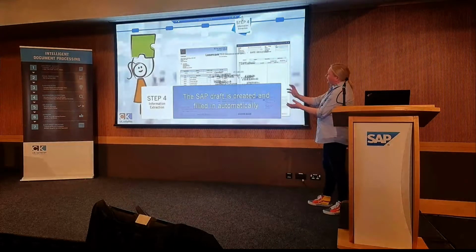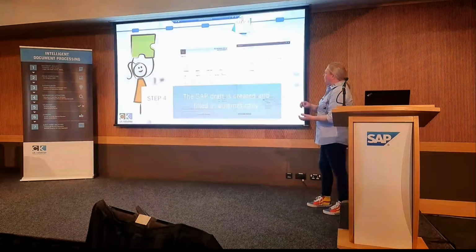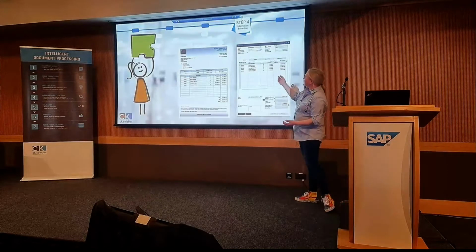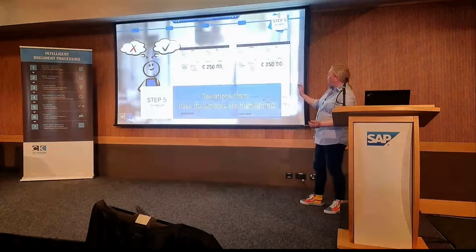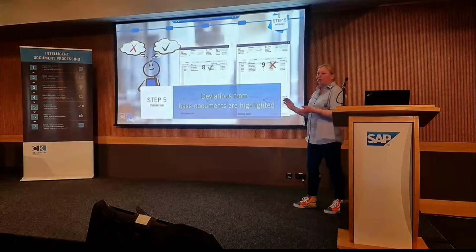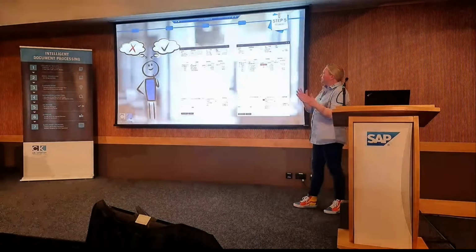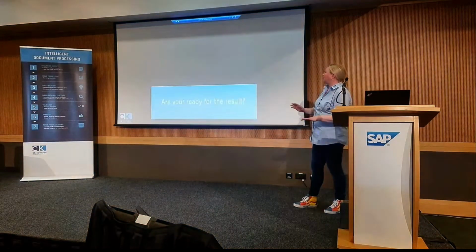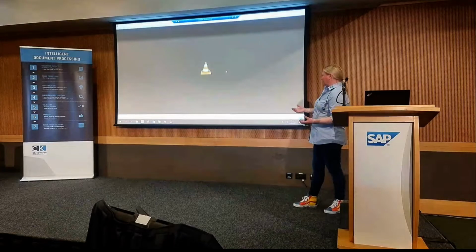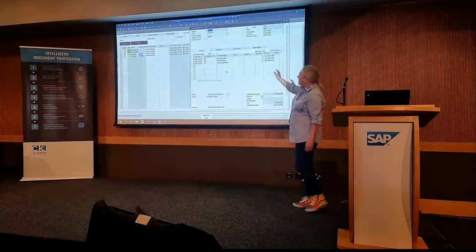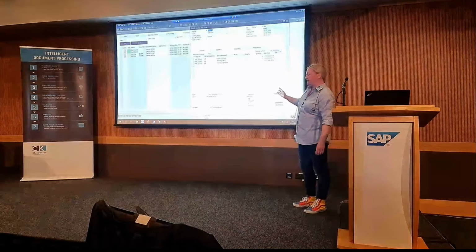Then we pick up all the information from the document and create in SAP Business One a draft, as you see here. What we also do is control if we have differences between base documents in SAP Business One and the document that we recognized here. As a result, we have a draft in SAP Business One.